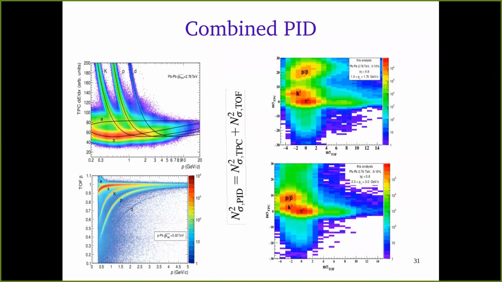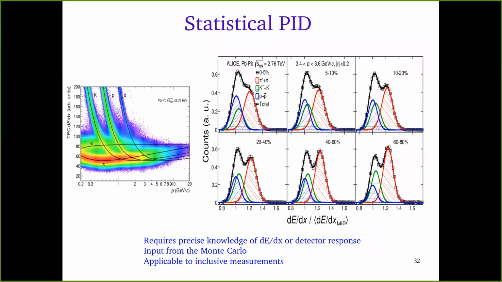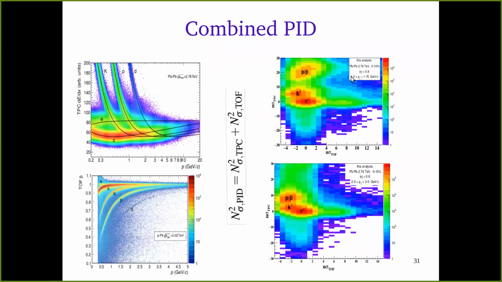Now there is one more method of doing this, the statistical PID. If you see that your detector response, the separation starts to vanish as you go towards higher momentum. Like you can see from this plot, when I say momentum, it means PT.